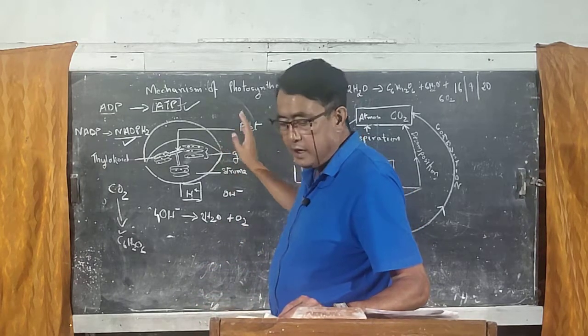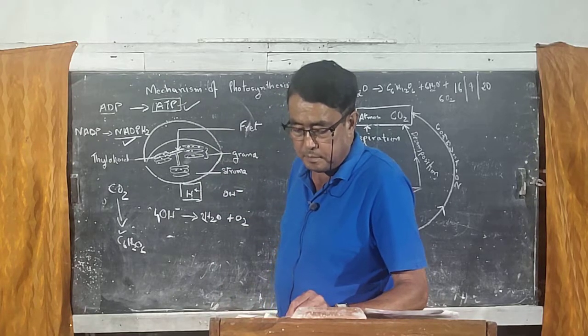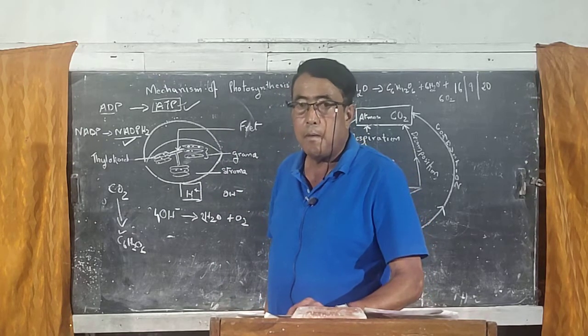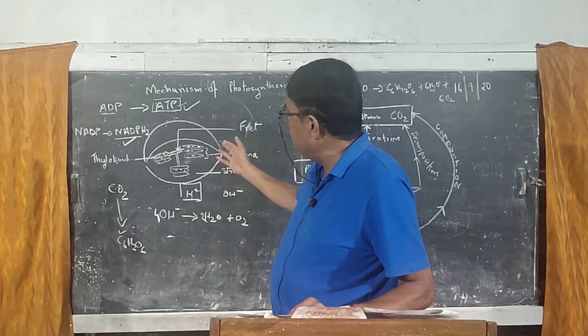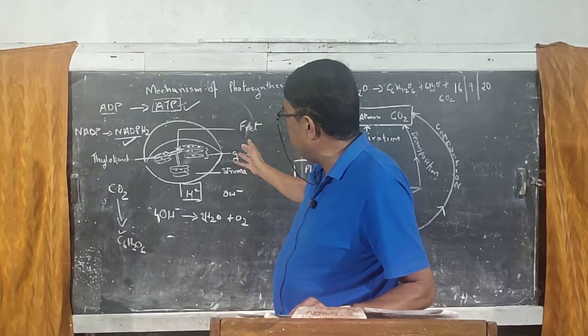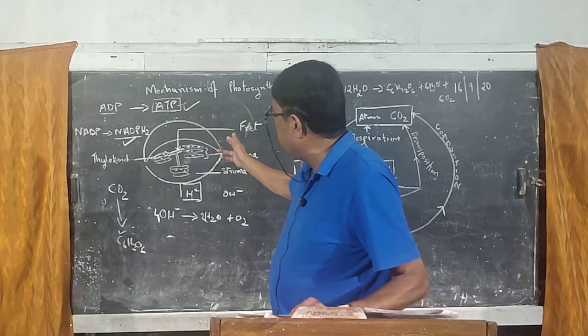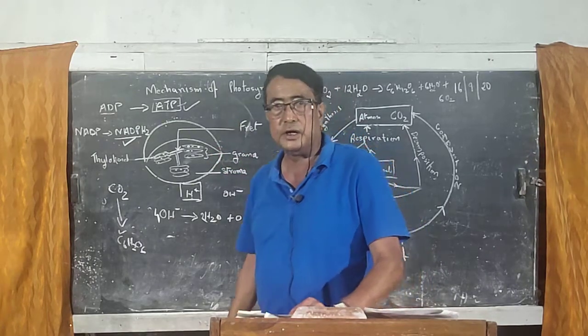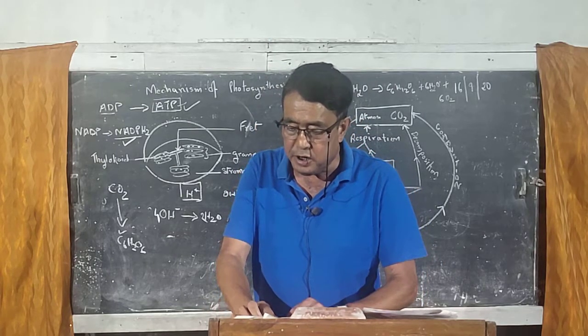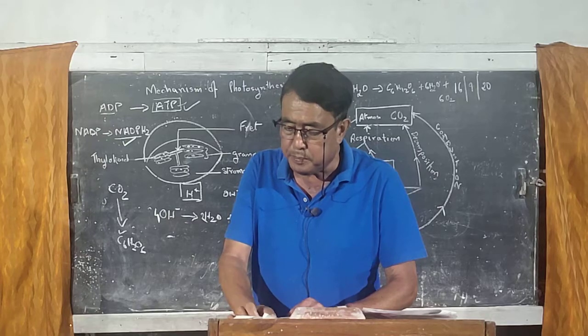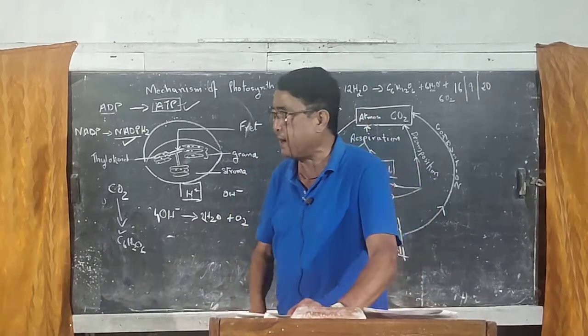The organelle is chloroplast. Easily you can identify it, you see the grana, thylakoid, chlorophyll. So the structure is the chloroplast.